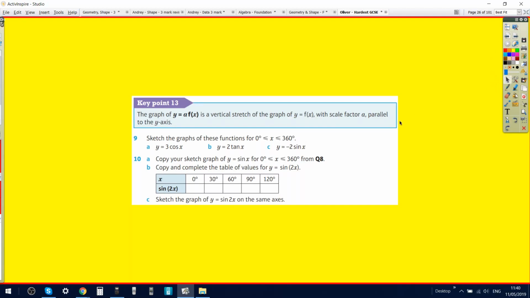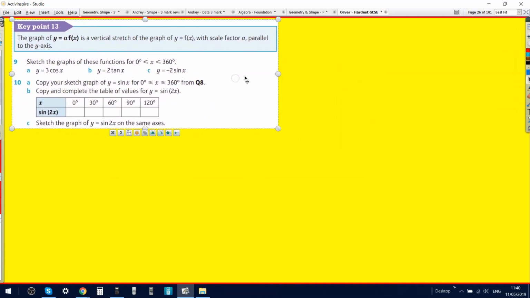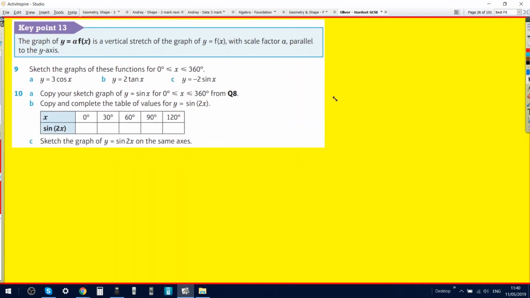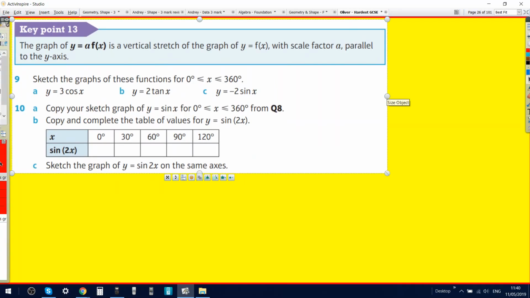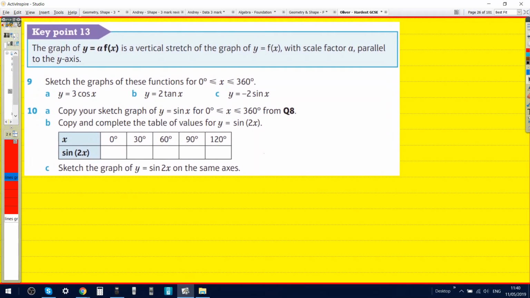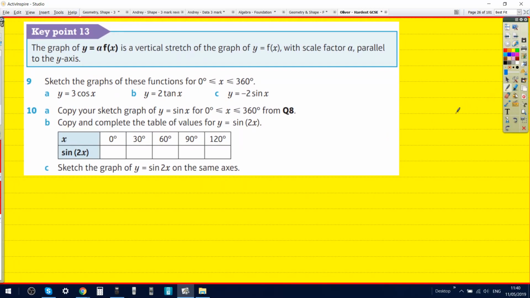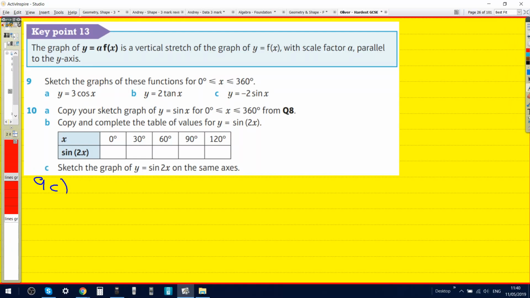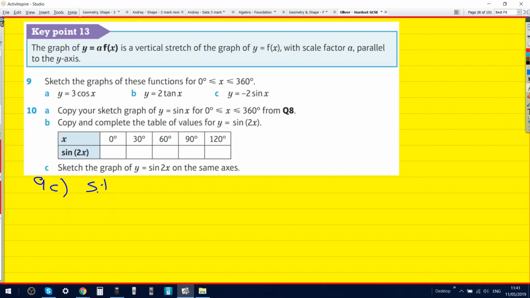How about question 9, part C? We're doing C, yeah? Describe it. It'll be a stretch in the x direction of 2. No, it'll be the opposite, right?